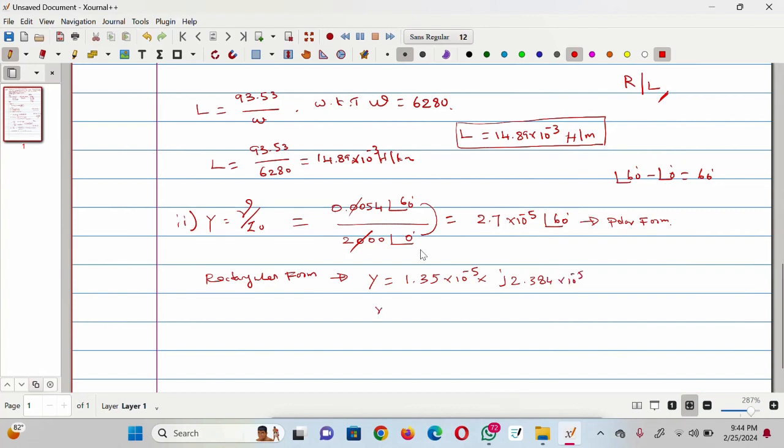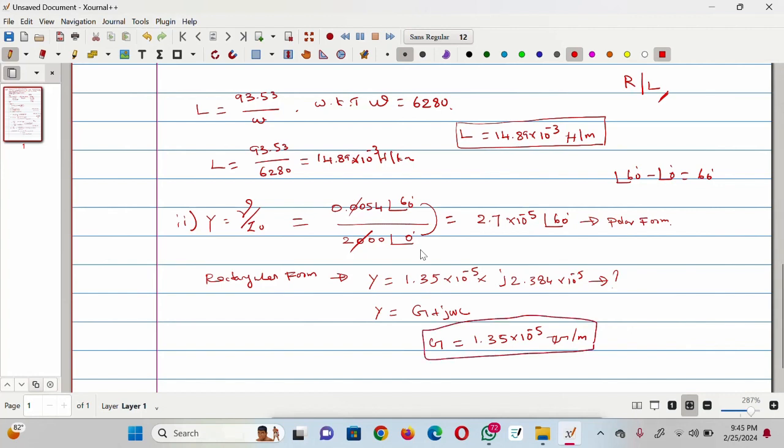Already we know that Z equals R plus j omega L. In the same way, the corresponding admittance Y equals G plus j omega C. From this equation we know the G value is 1.35 × 10 to the power of minus 5 mho per meter or kilometer.